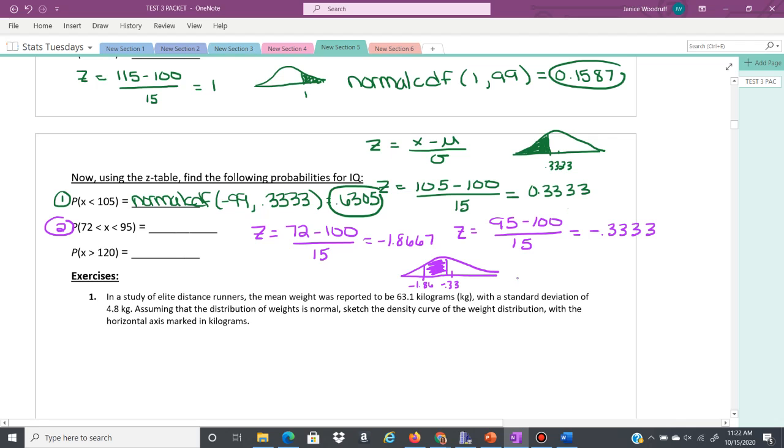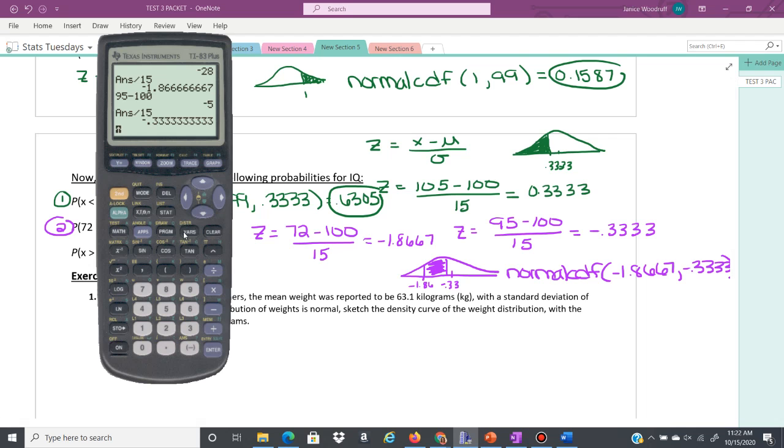So we're going to go normal CDF, negative 1.8667, negative 0.3333. And we're going to get 0.3385.